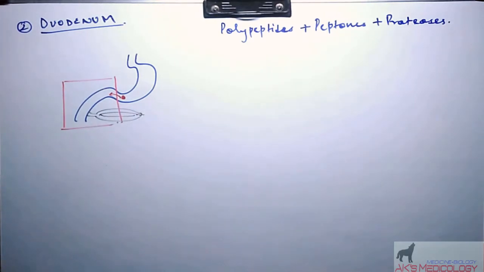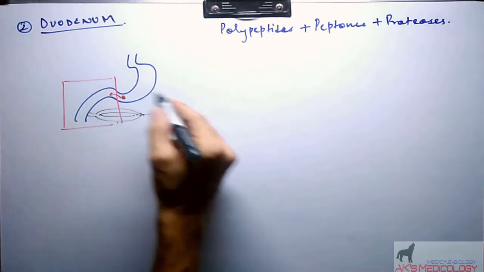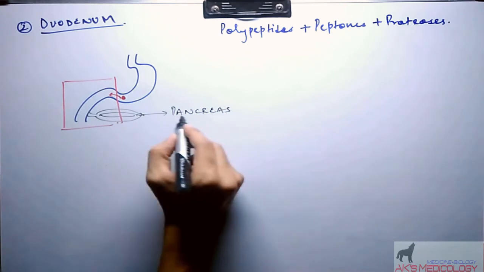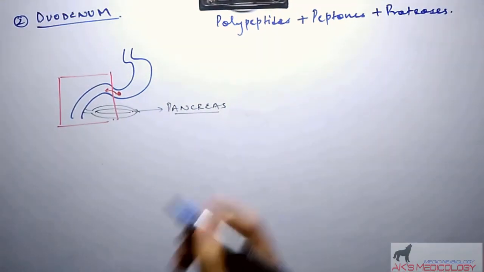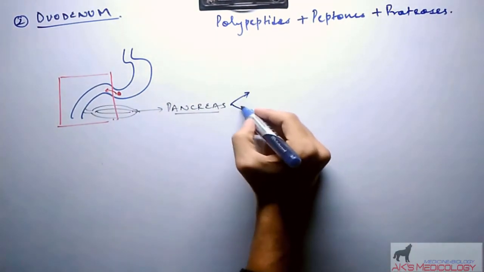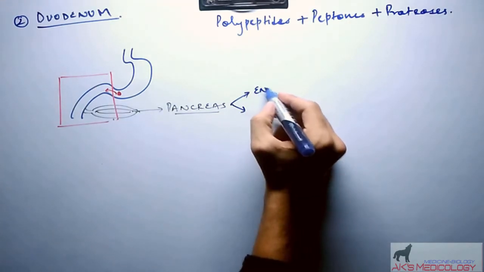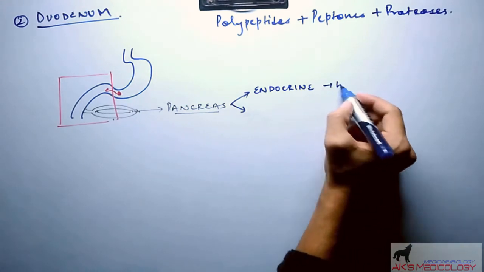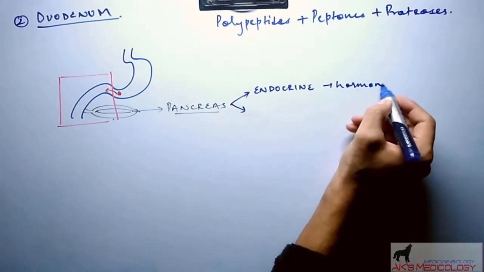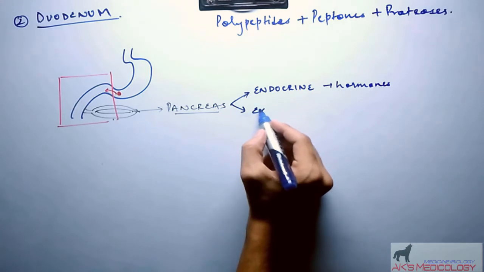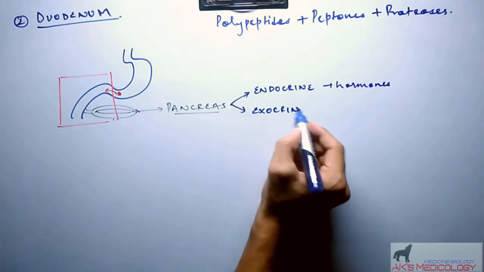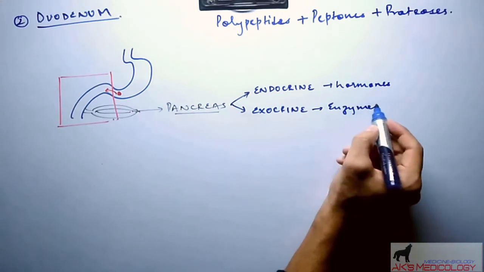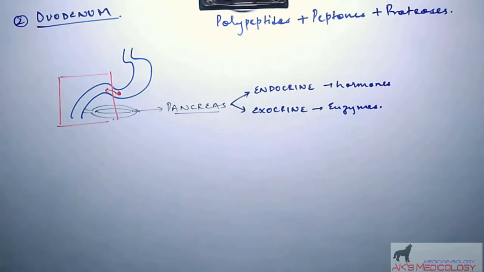Pancreas is a heterocrine gland located just below the stomach. Pancreas, being a heterocrine gland, has two functions. One is the endocrine function, which is concerned with the release of hormones, and the second is the exocrine function, which is concerned with the release of enzymes, particularly digestive enzymes.